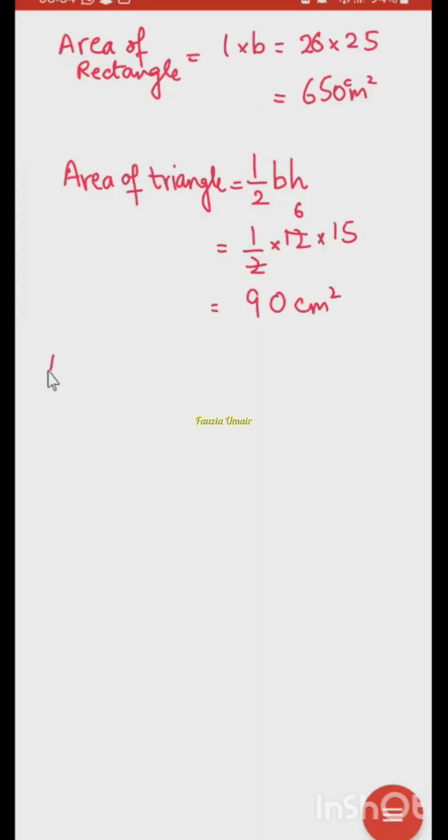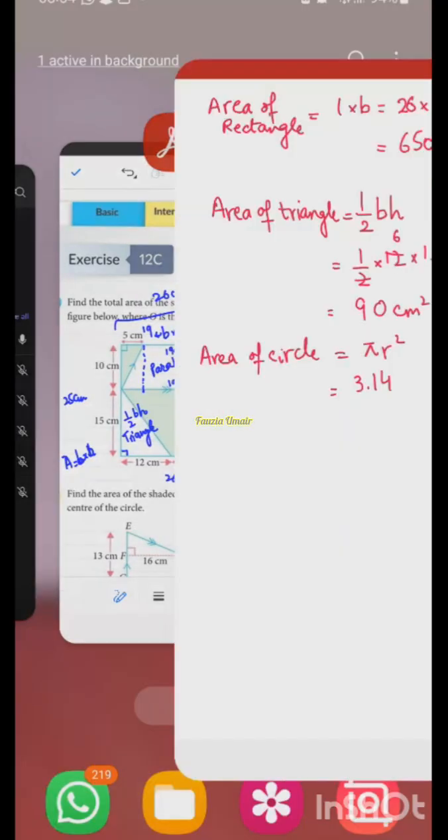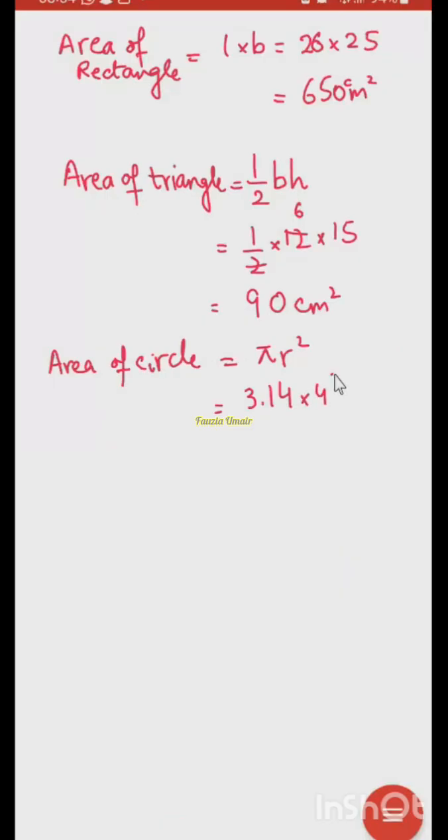So now comes area of circle. The formula for area of circle is pi r square. Because we need to do the subtraction, we need to use the value. Pi is 3.14 and the radius of the circle is 4 centimeter. So 4 square. So 3.14 multiplied by 16. If you multiply it with 16, what would be the answer? 3.14 multiplied by 16.